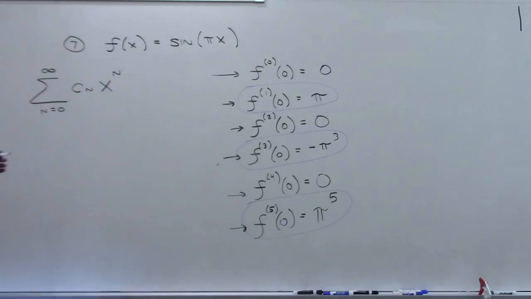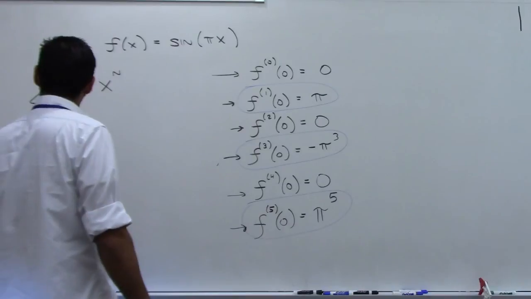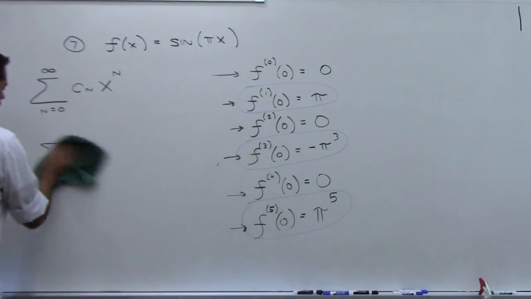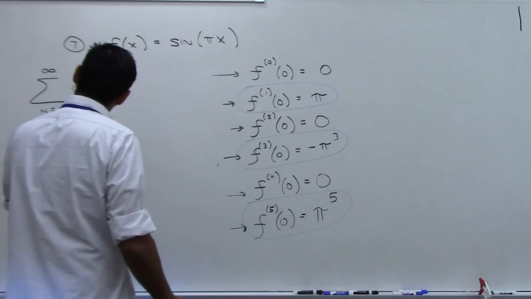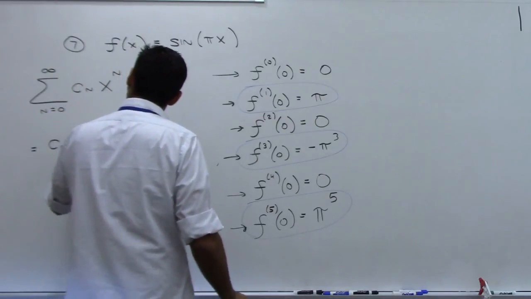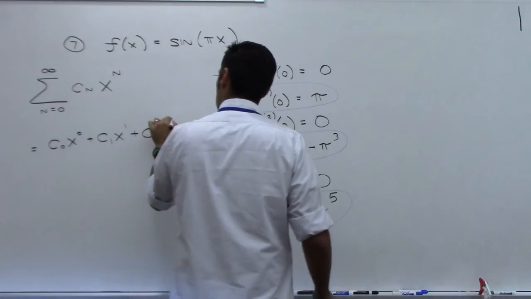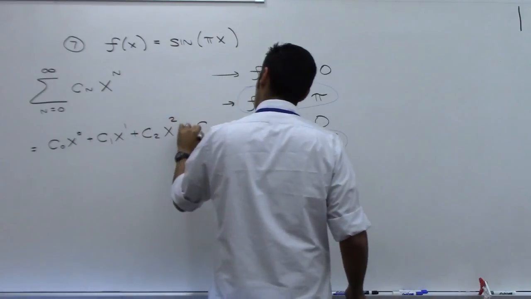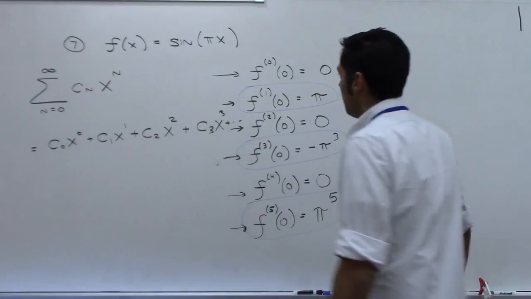This should be c sub 0 x to the 0 plus c sub 1 x to the 1 plus c sub 2 x to the 2 plus c sub 3 x to the third plus dot dot dot.